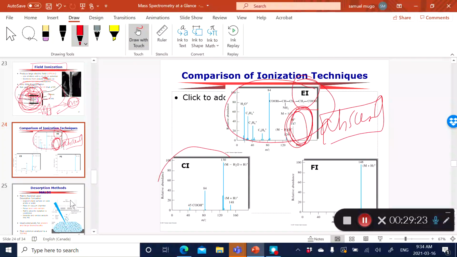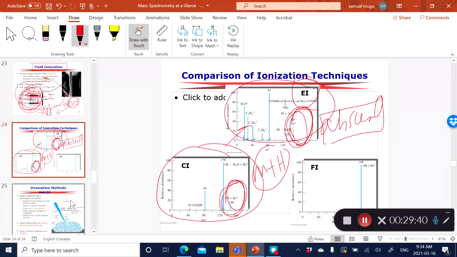Now, look at the chemical ionization spectra. Again, you can see it's not as busy compared to the EI. Now, look at this, you've got the ion being M plus H, meaning it's protonation that has taken place. Why?